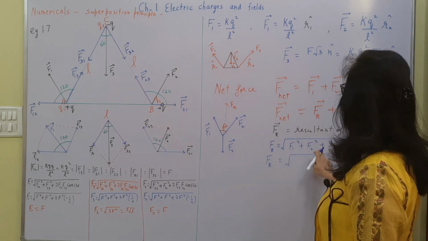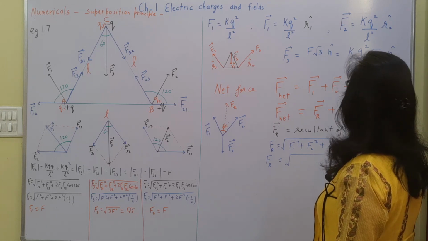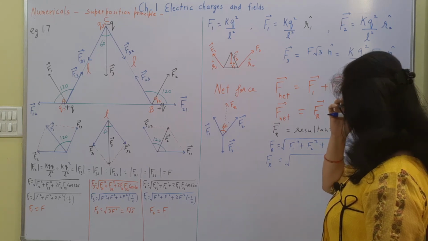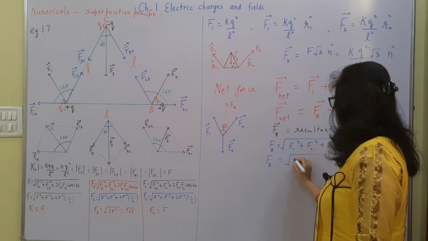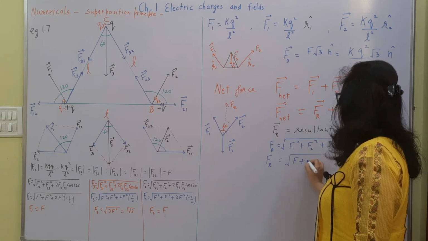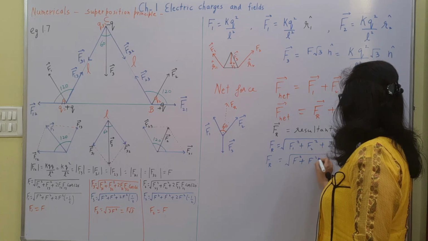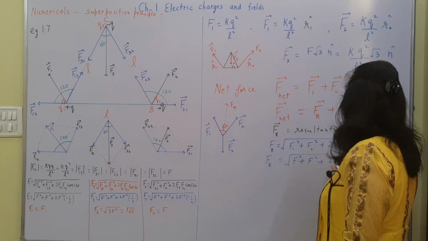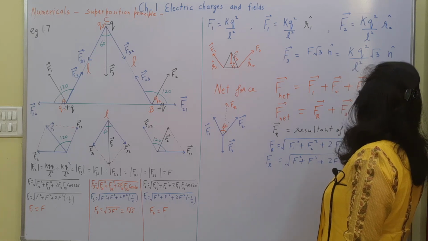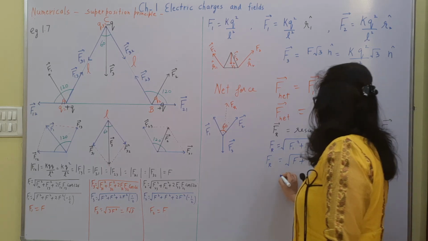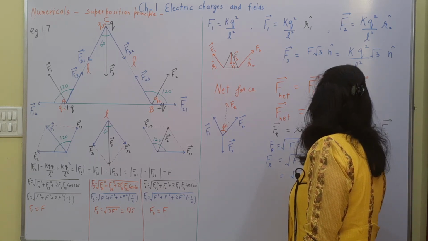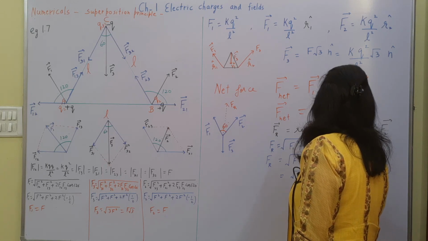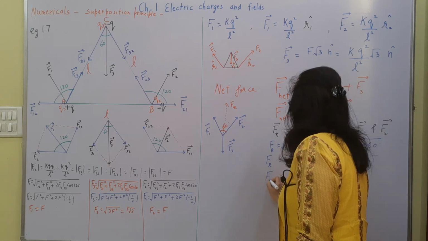We know that F1 and F2 are equal to F. So F square plus F square plus 2F square cos of 60 degrees, 1 by 2. So this makes it under root of 3F square. This makes it F root 3.